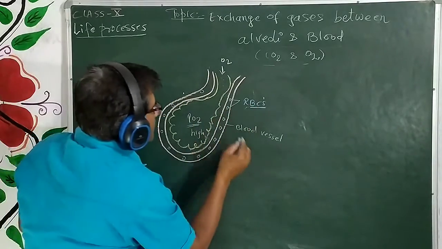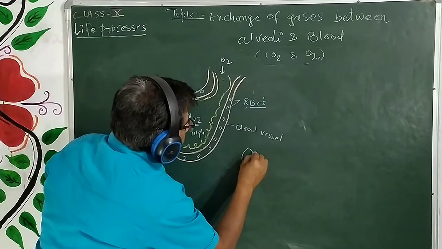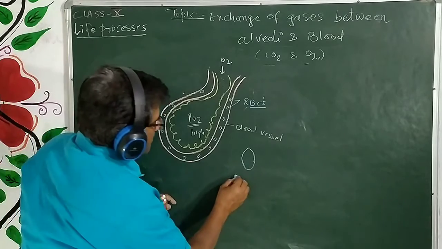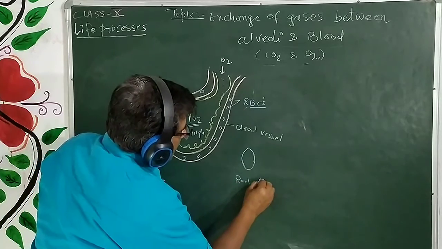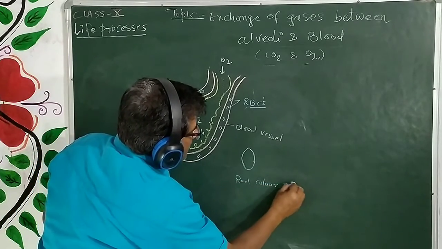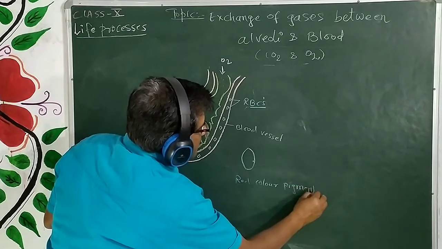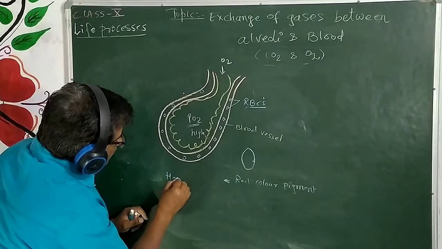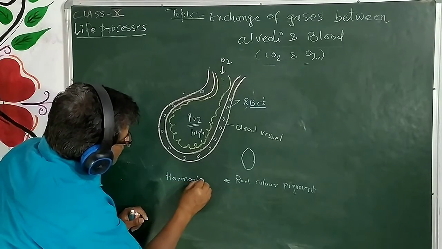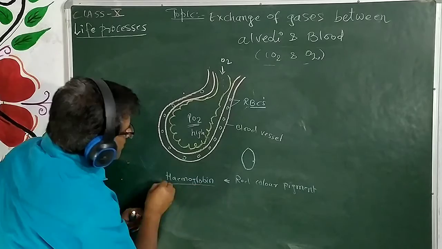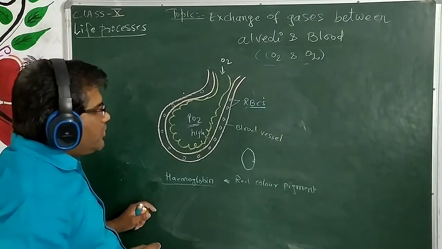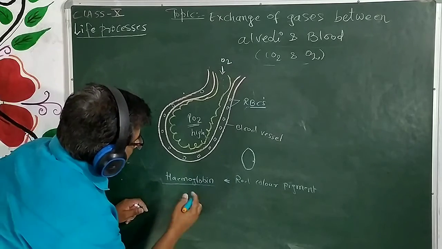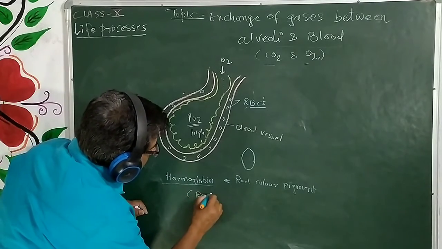Now, taking an individual RBC, it contains a red pigment. This red pigment present in the RBC is called hemoglobin, and hemoglobin is also known as the respiratory pigment.